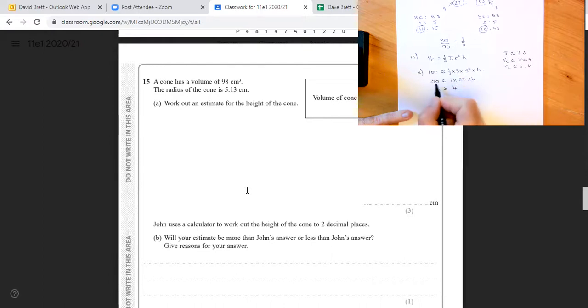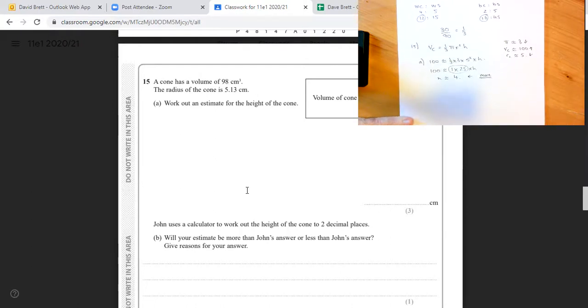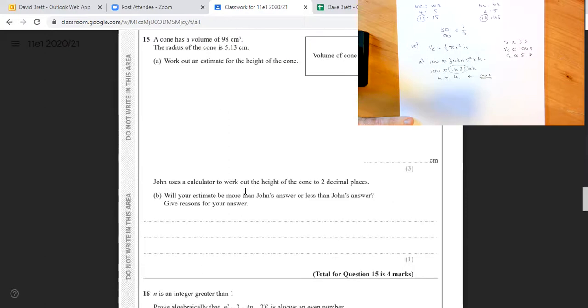So we'll be dividing 100 by a much bigger number than 25. So John's answer will be less, and our estimate will be more than John's answer, as we've rounded these two down and this one only slightly up.